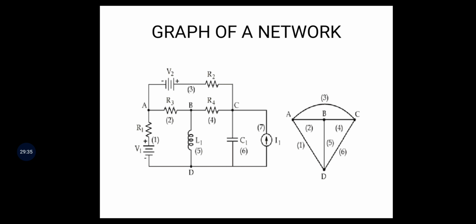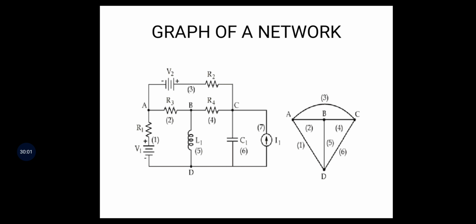In graph theory, any voltage source we represent with a short circuit. Any current source we represent with an open circuit. This is very, very important. Here V1 is there, so V1 is a short circuit, but there is a resistor R1.